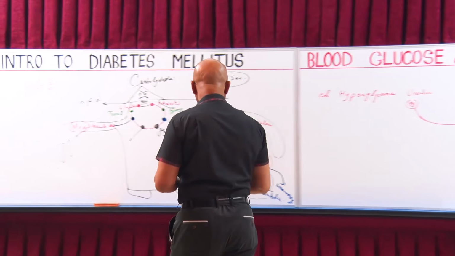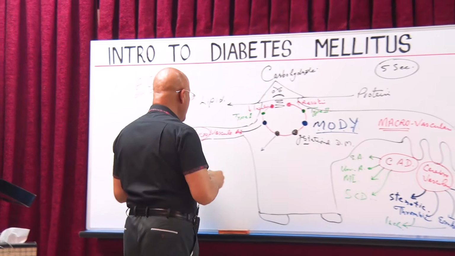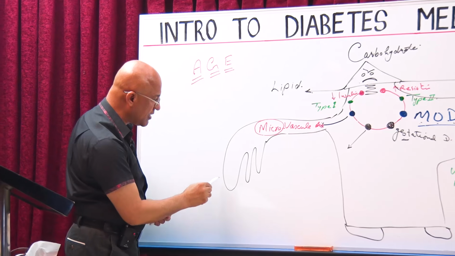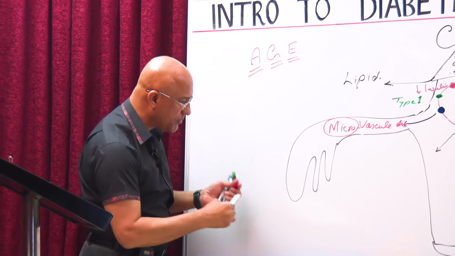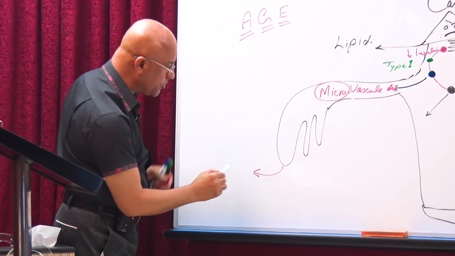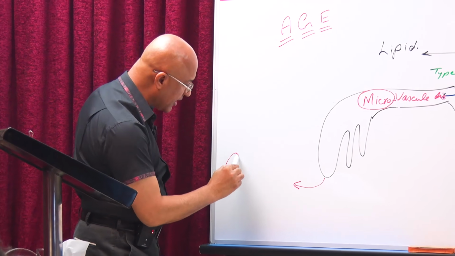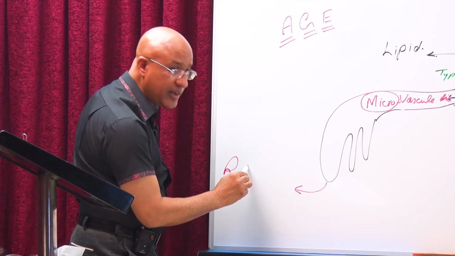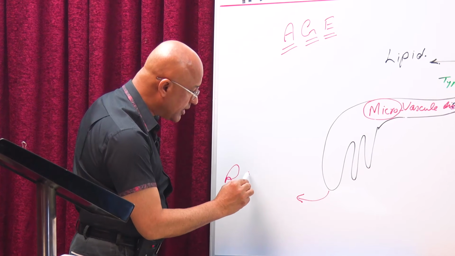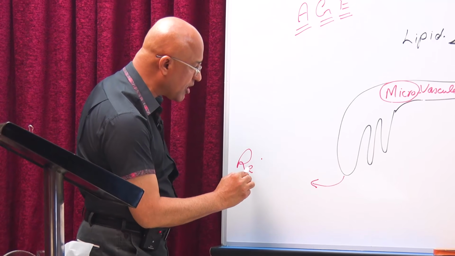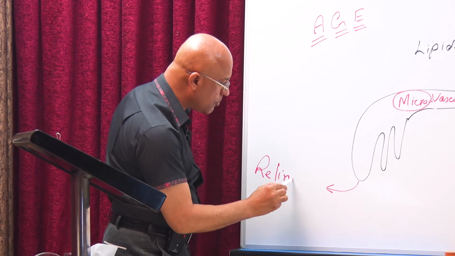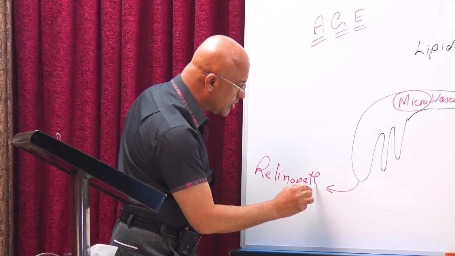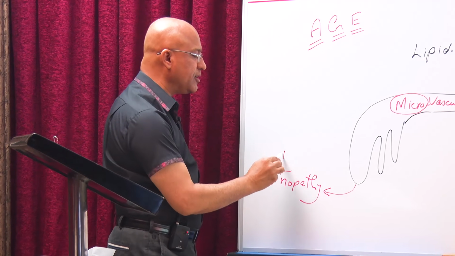One very dangerous situation. That is microangiopathy in the retina, we simply call it retinopathy. Which retinopathy? Diabetic retinopathy.